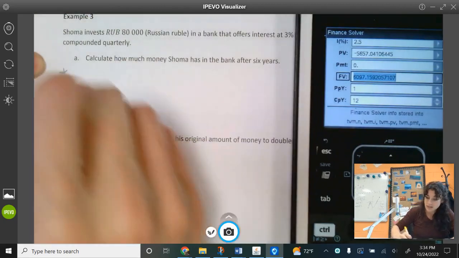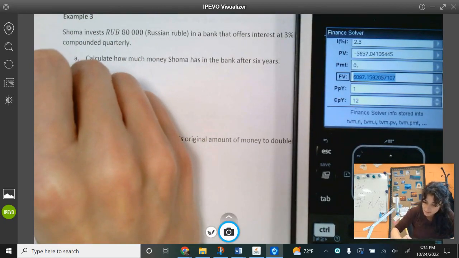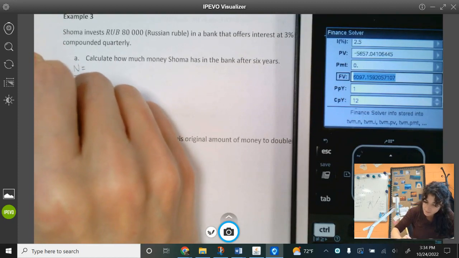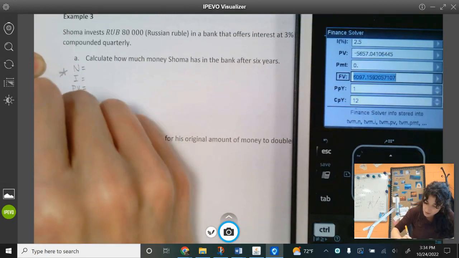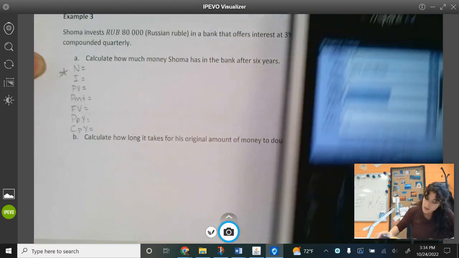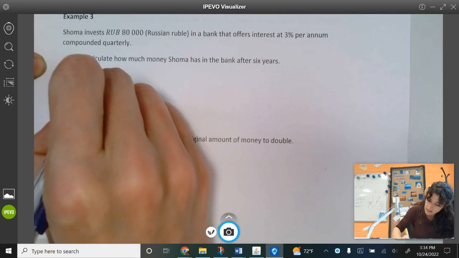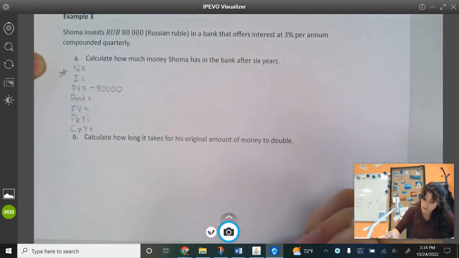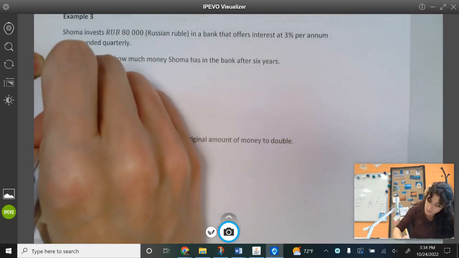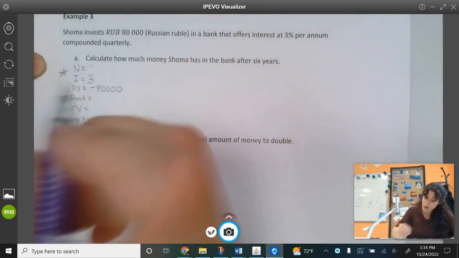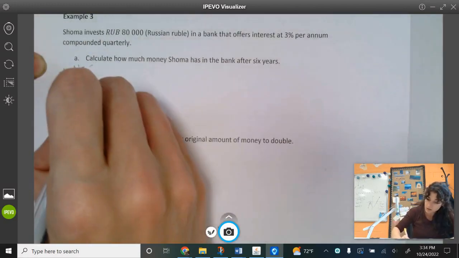So as always, I'm going to list out the variables, which helps me know what I need to do. We're investing 80,000 rubles, so that's going to be negative 80,000 for my present value because it's going into the bank. Offers an interest of 3%. Compounded quarterly means that it compounds 4 times per year.